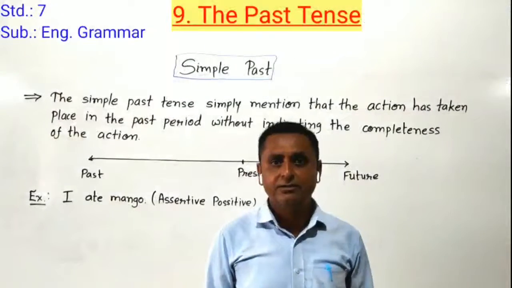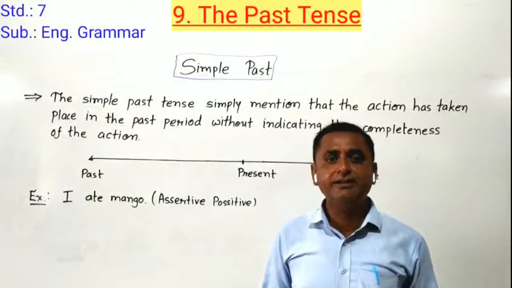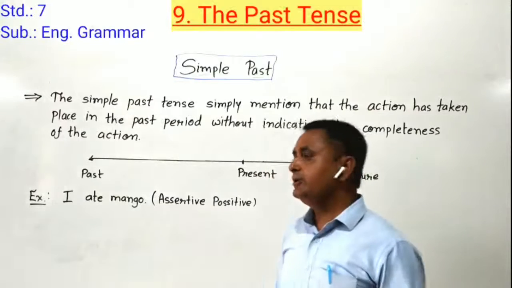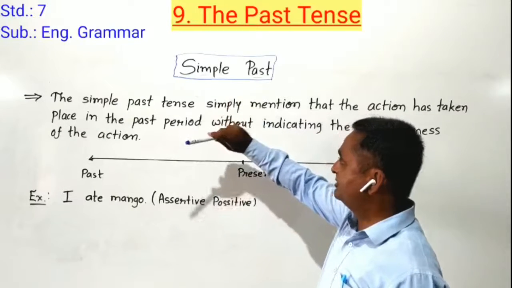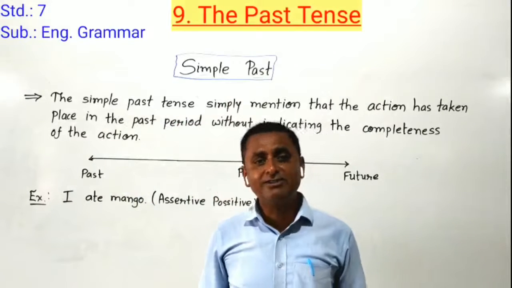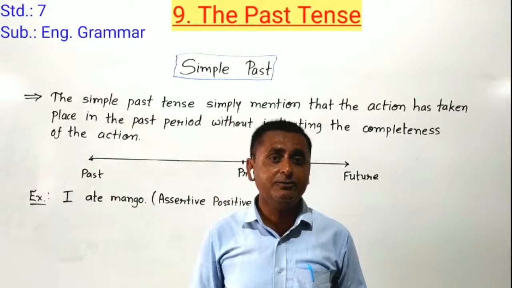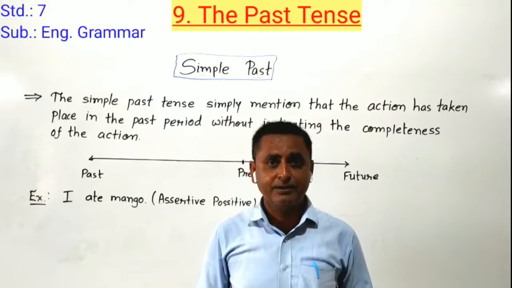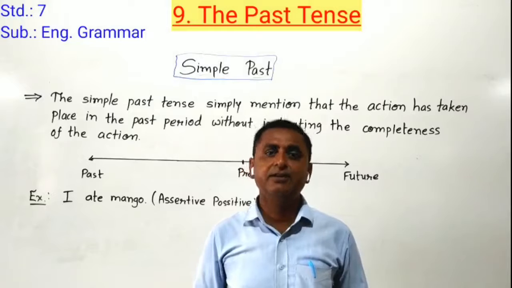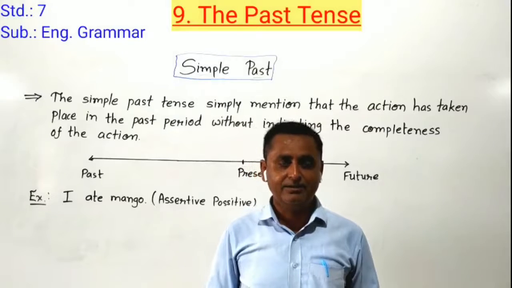Now students, we have to study simple past tense in detail. So here, simple past. First of all, where is simple past used? How we can use simple past tense and in which condition we have to use simple past tense.